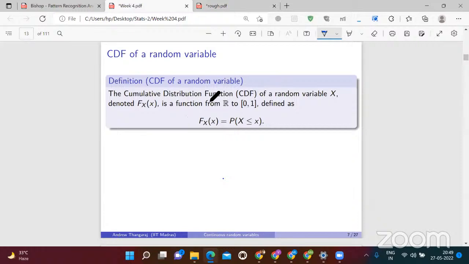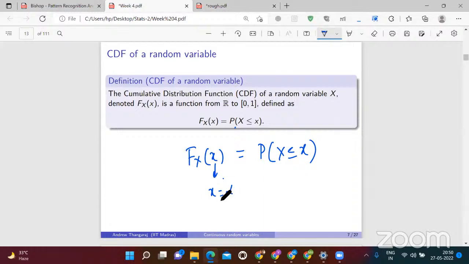The CDF, the cumulative distribution function, which many books refer to as the distribution function, of a random variable X is represented by F_X(x), a function from R to [0, 1]. If somebody asks you to calculate the CDF F_X(x), you have to do the summation of all the probability values till that point x. x can be anything, some alpha.